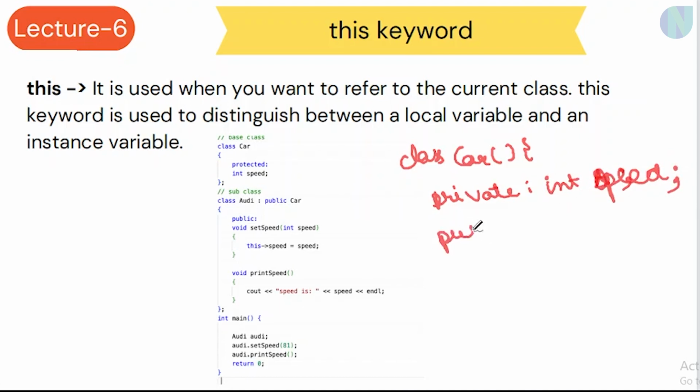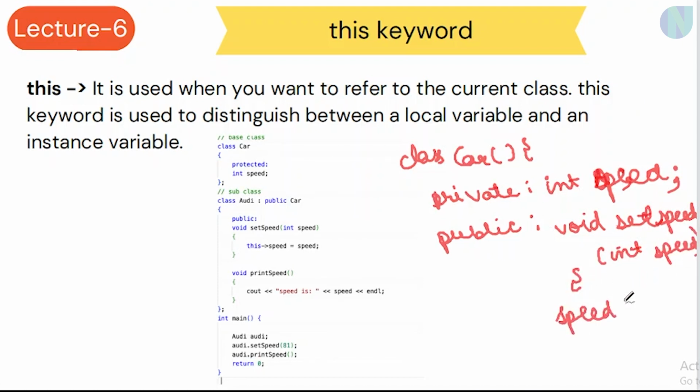Now in the public section, we are setting this speed. So void set speed, and we give a variable int speed. And here what we are doing is speed is equal to speed. As you can see, the variable names here and here are both the same.